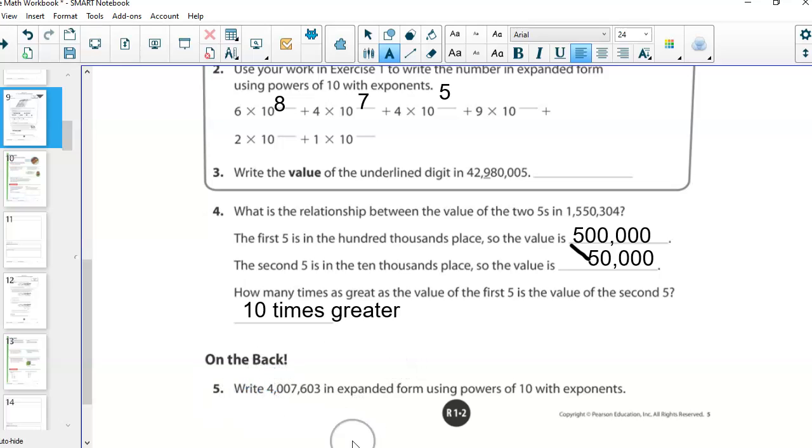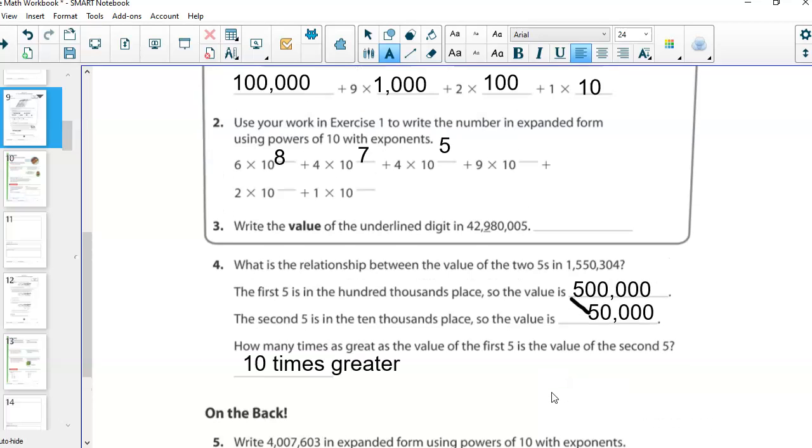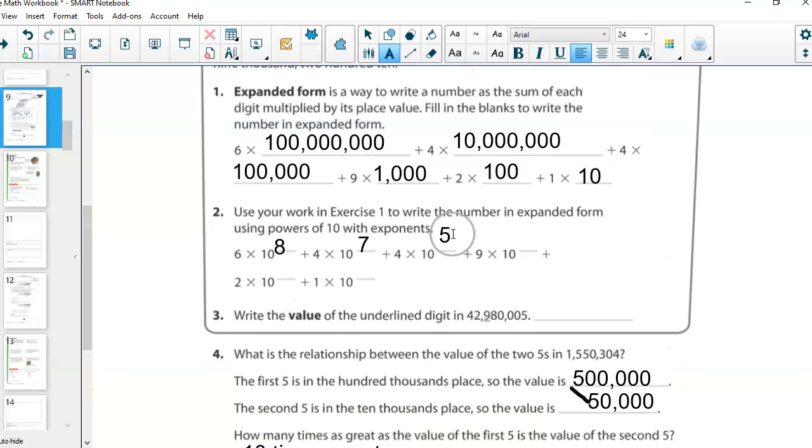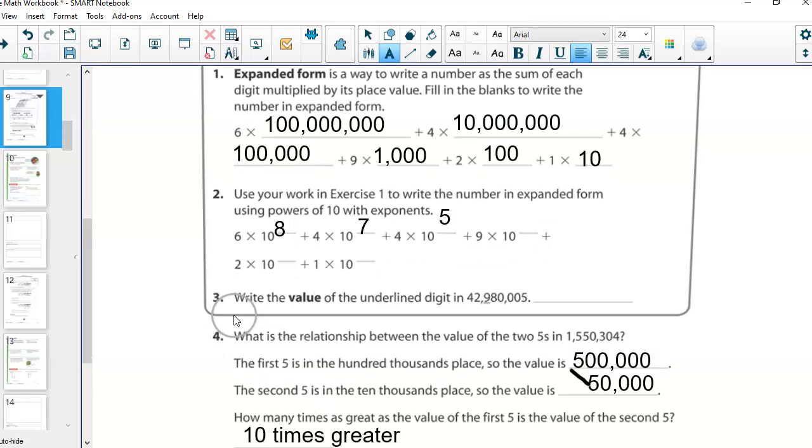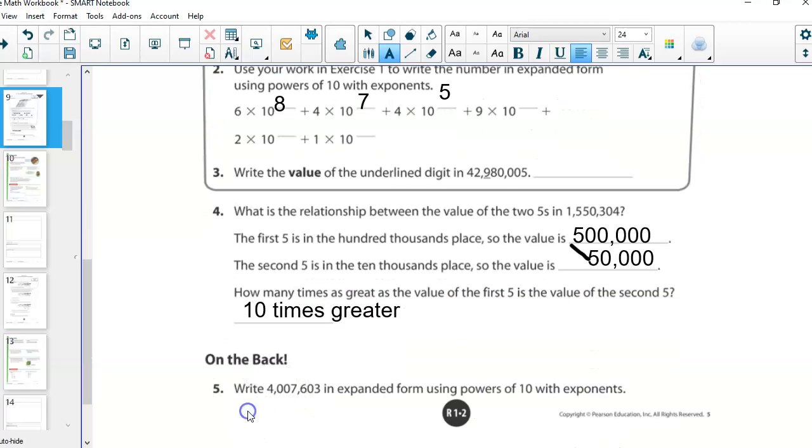On number 5, it says write this number in expanded form using powers of tens with exponents. So that is going to be exactly like question number 2. You're going to take each digit. You would start with your 4. You would multiply your 4 times 10, and then you figure out what your exponent would be for that 10 based off how many place values are behind it.